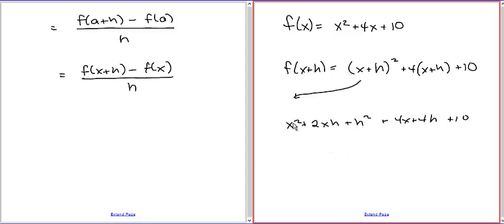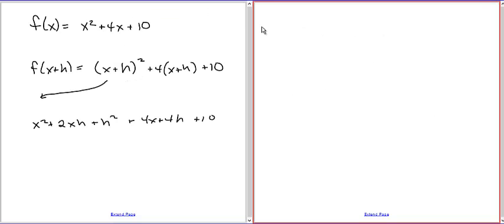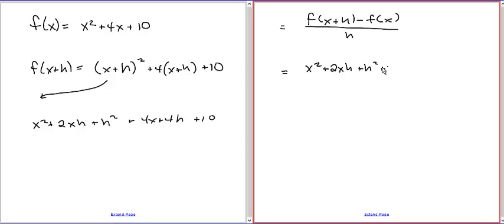Okay, now we can plug it in. So we're going to use the f of x plus h minus f of x divided by h form of the difference quotient. So for f of x plus h, I'm going to plug that whole thing in. So I get x squared plus 2xh plus h squared plus 4x plus 4h plus 10.